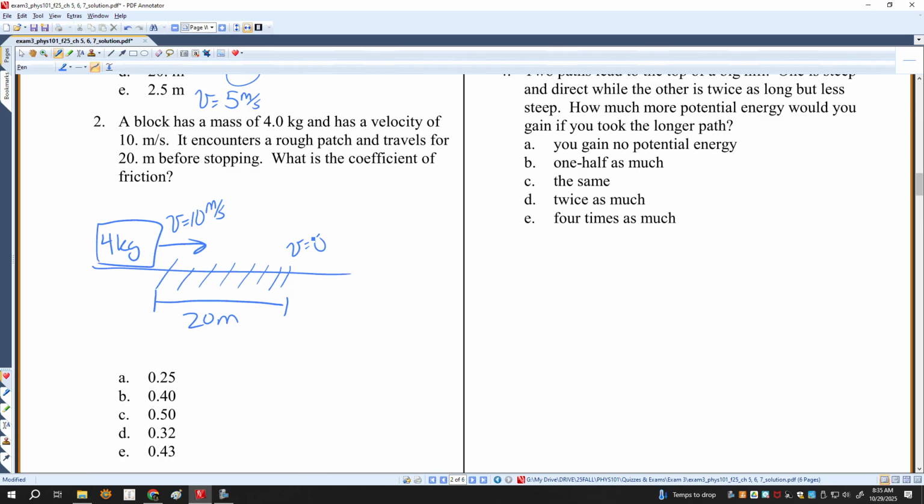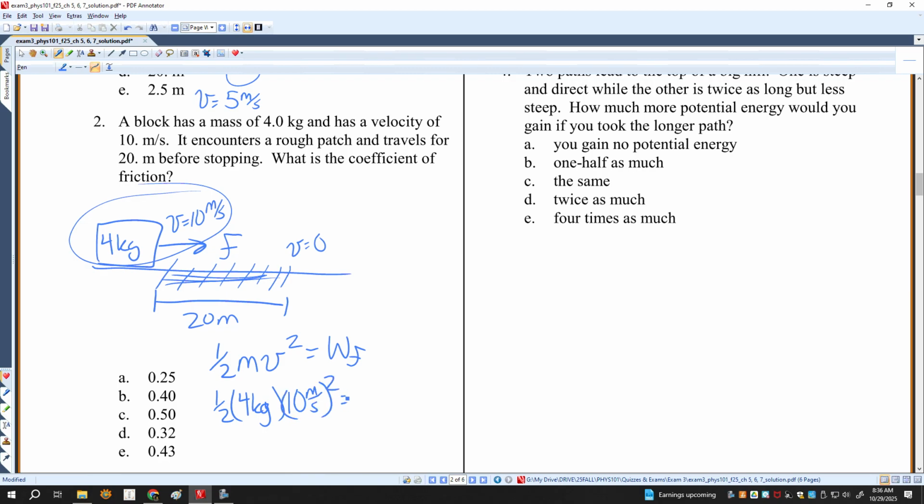In short, the work done by the frictional force acting along this rough patch takes away all the energy that this block has. So I can say that the kinetic energy, 1/2 mv squared, is equal to the work done by friction, or 1/2 times 4 kilograms times 10 meters per second squared is equal to the work done by friction.